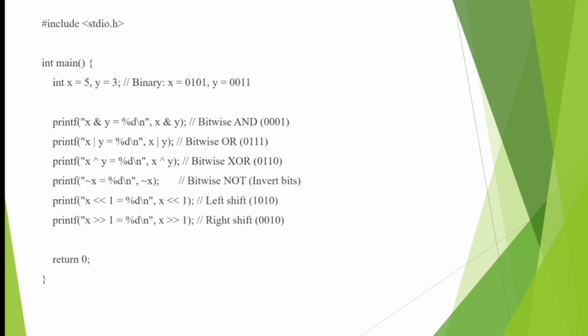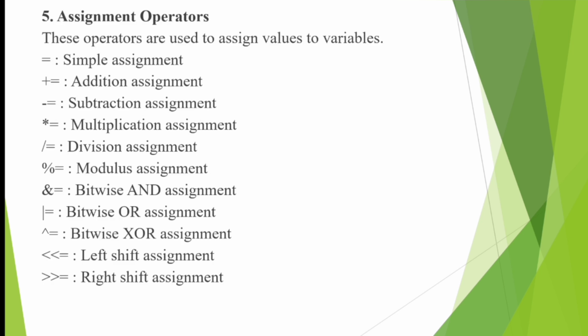And then next, after bitwise AND, we have left shift and right shift. Left shift is used to shift the values to the left and right shift is used to shift the values to the right. And next here we are using assignment operators. These operators are used to assign values to variables.